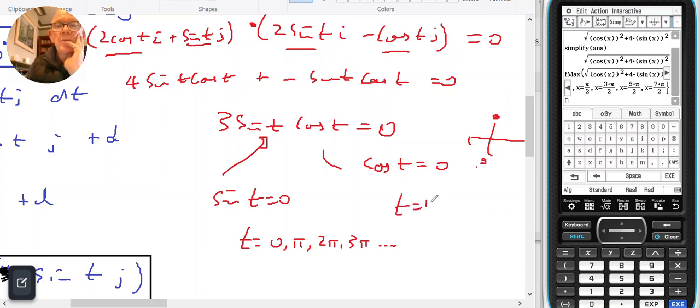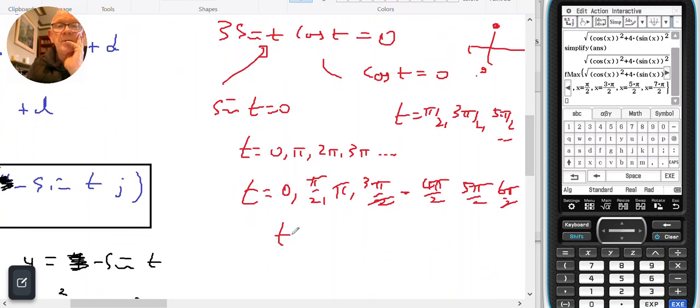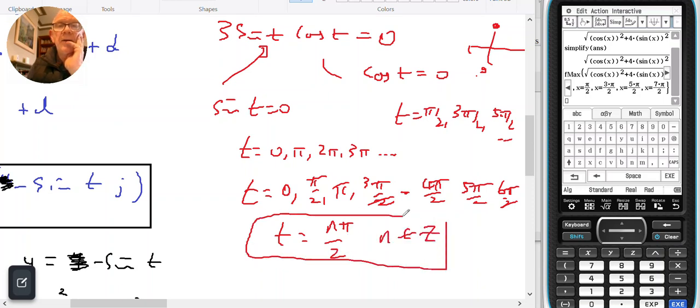So t equals pi/2, 3pi/2, 5pi/2, etc. Combining these together, I get 0, pi/2, pi, 3pi/2, 2 pi which I could write as 4pi/2, then 5pi/2, 3 pi is 6pi/2. So t equals n pi/2, where n is an element of all integers, and that will be my answer.